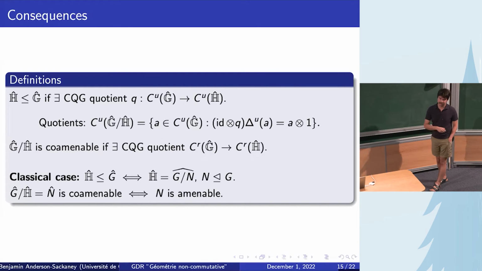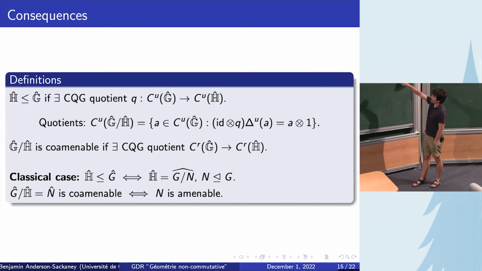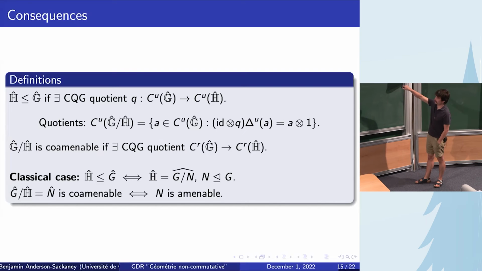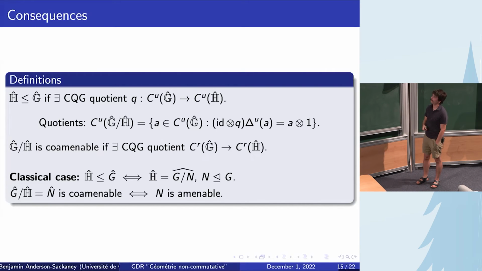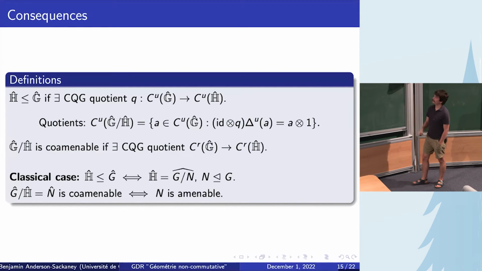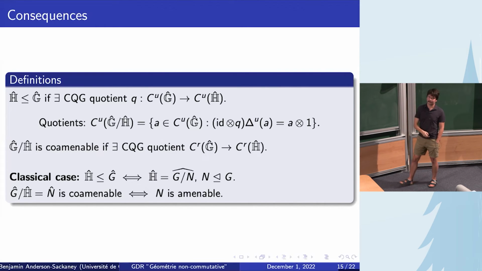All right, so in the classical case, perhaps a bit confusingly with our terminology, the quantum subgroups are quotients by normal subgroups, and then quotients are the underlying normal subgroups. Co-amenability here is equivalent to amenability of those underlying normal subgroups. So the idea is that a co-amenable quotient is a quantum analog of a normal amenable subgroup.